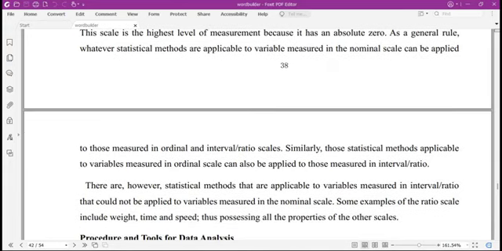Alright, let's move. There are, however, statistical methods that are applicable to variables measured in interval and ratio that could not be applied to variables measured in the nominal scale. So you can see the difference now.